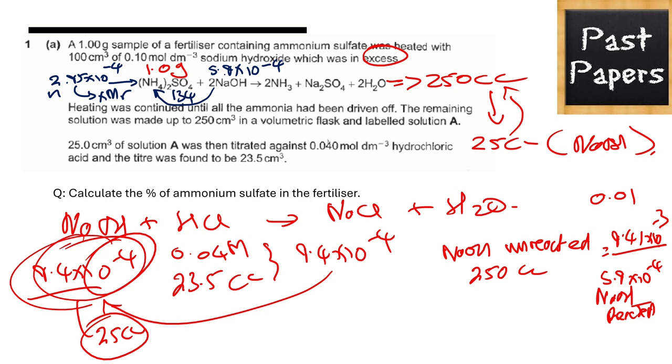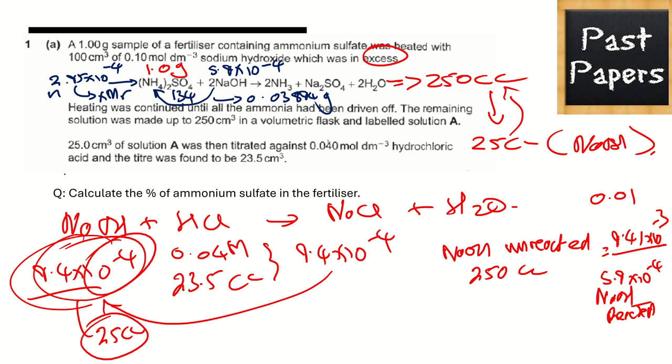If I take my RFM and multiply it by my moles, 2.95 times 10 to the minus 4, that gives me 0.03894 grams of ammonium sulfate in my 1 gram of fertilizer.